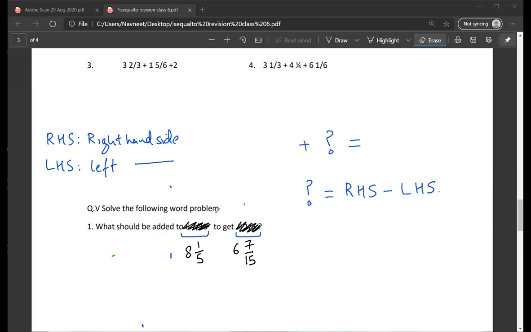To be subtracted by. Mr. Sarthak, we need to understand that if the question was like this, what should be added to 8 1 by 5 to get 6 7 by 15?